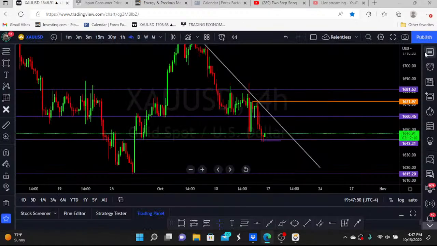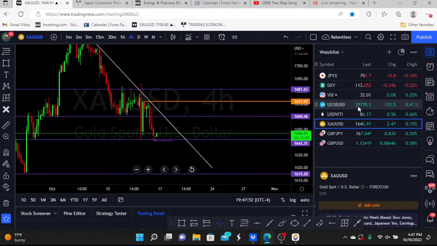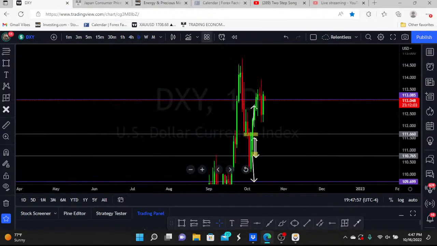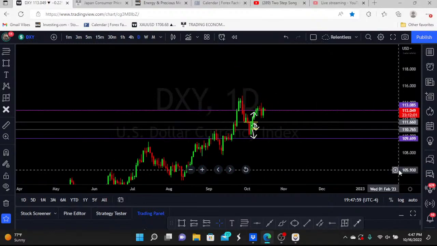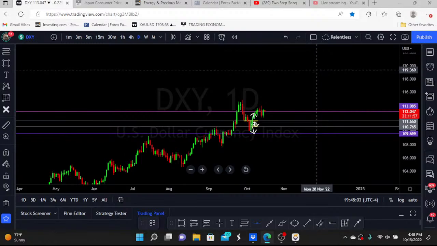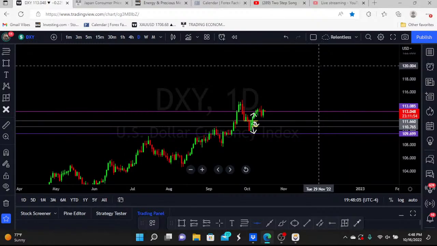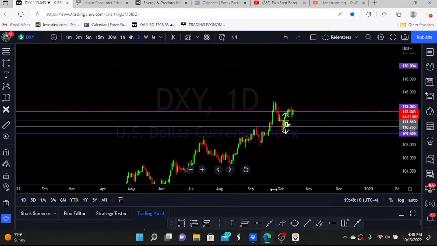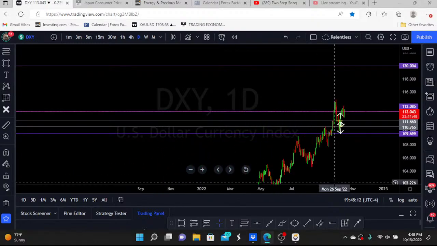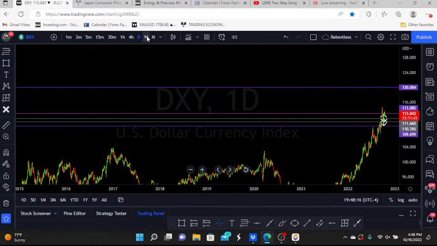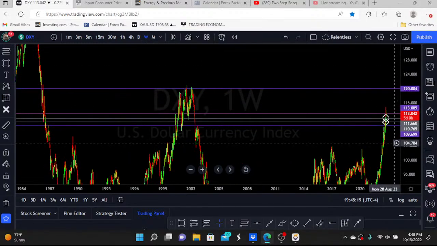If we come here, go to DXY, 120 is way up here. Hella far. Look at the climb though. Now I gotta go to a higher time frame.